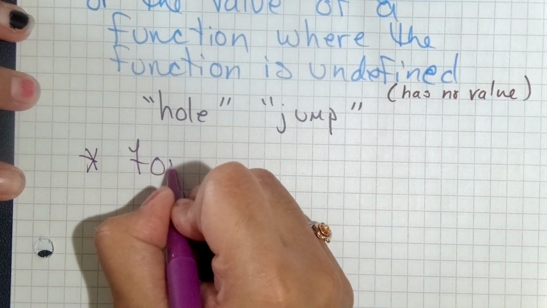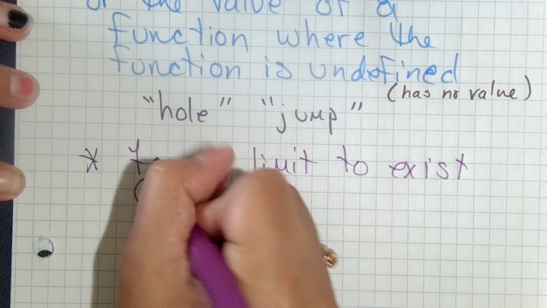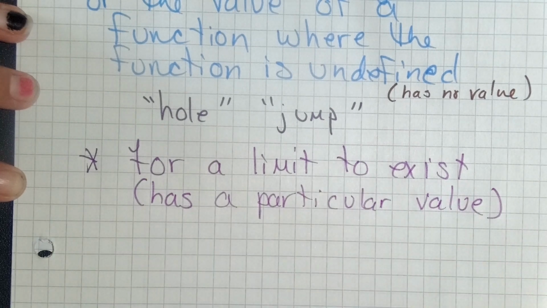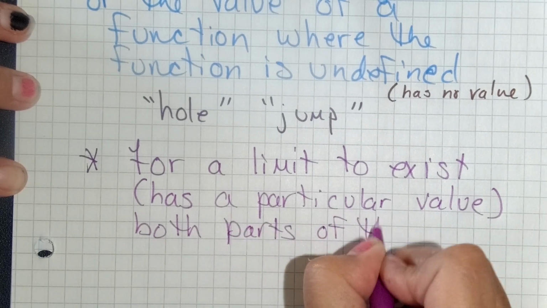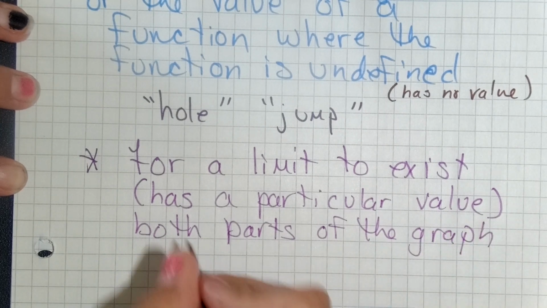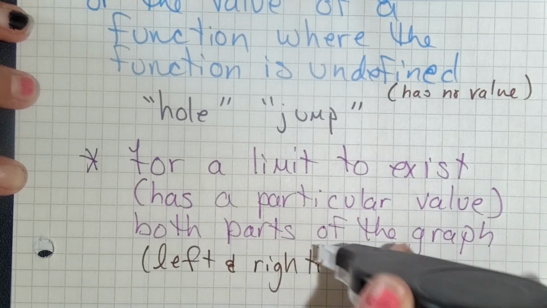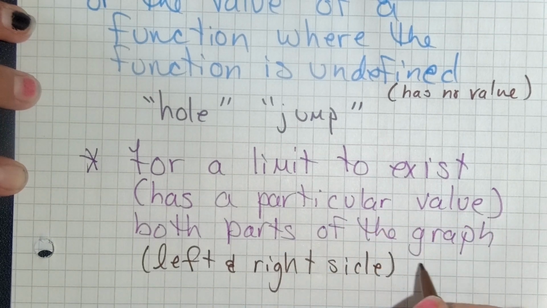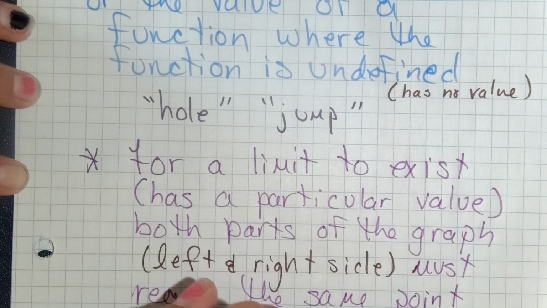For a limit to exist, which means that it has a particular value, both parts of a graph, what that means is the left and right side, must reach the same point or value.